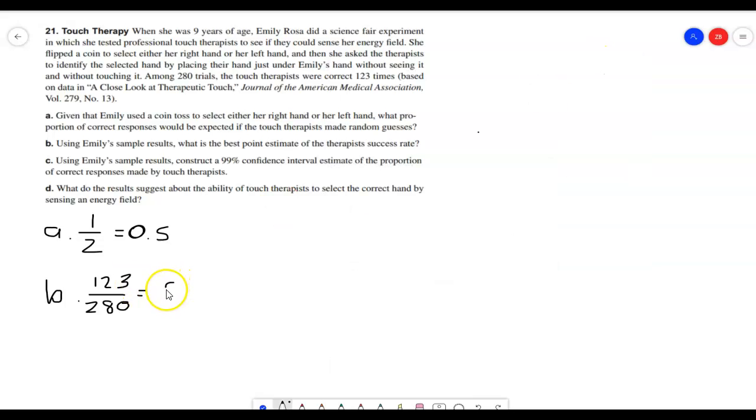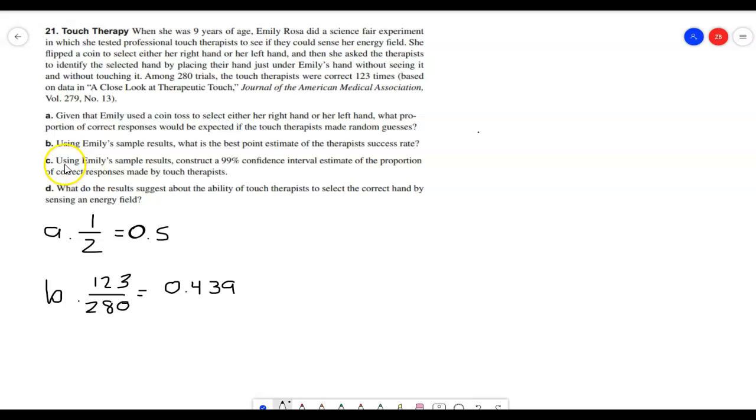So I'll put 0.439. And that's going to be our best guess for the entire population, because I don't have any other guesses for the entire population. So my best guess for the entire population is the same as the guess from the sample that I just took.